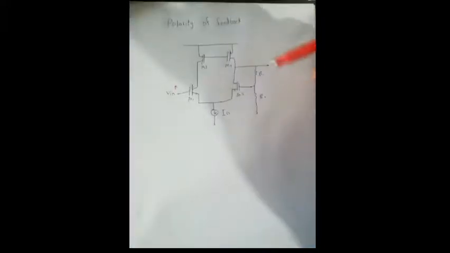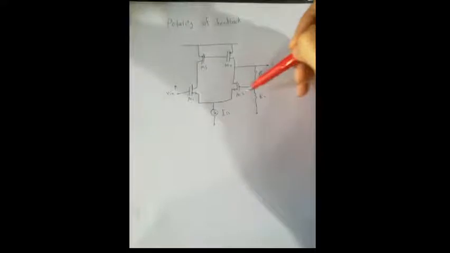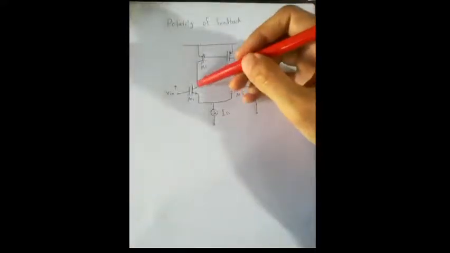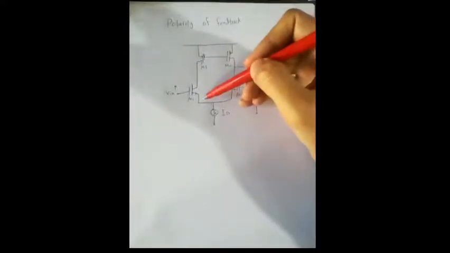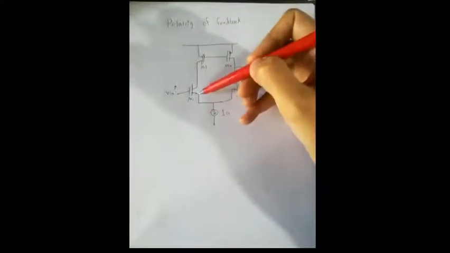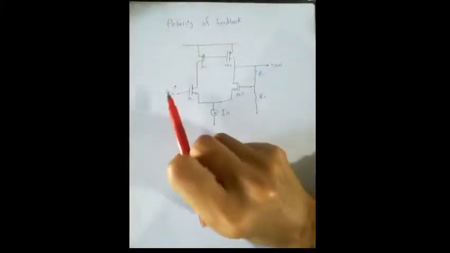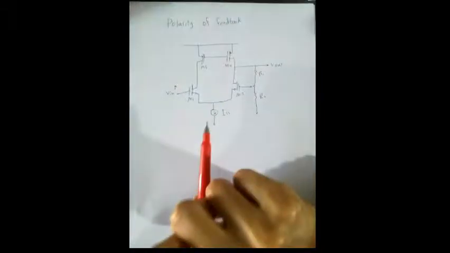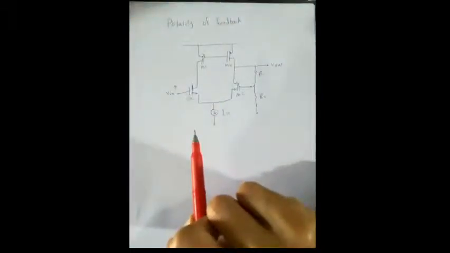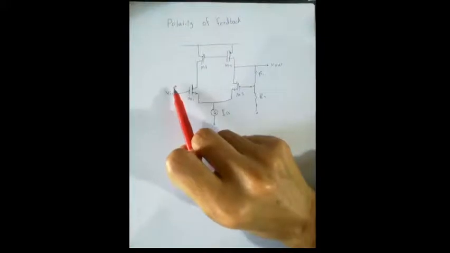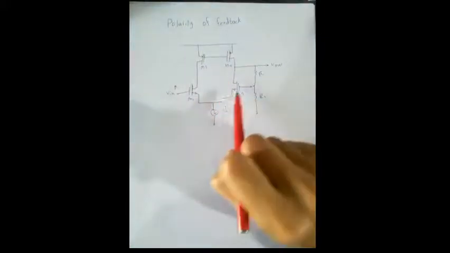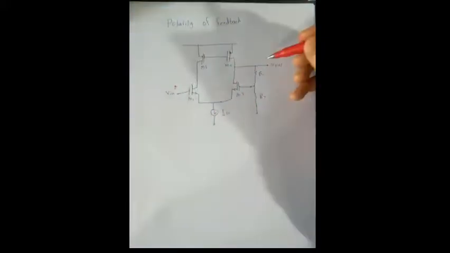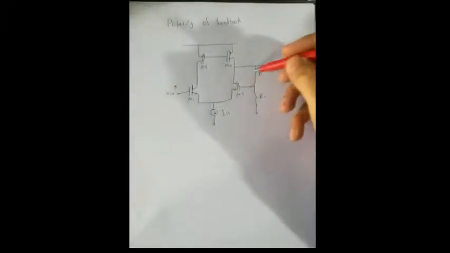If the behavior of the feedback helps, improves, or supports this change that is going to happen due to the increase in the input, we call the feedback a positive feedback. While if the changes caused by increasing the input voltage are counteracted by the feedback behavior, then we call it a negative feedback.